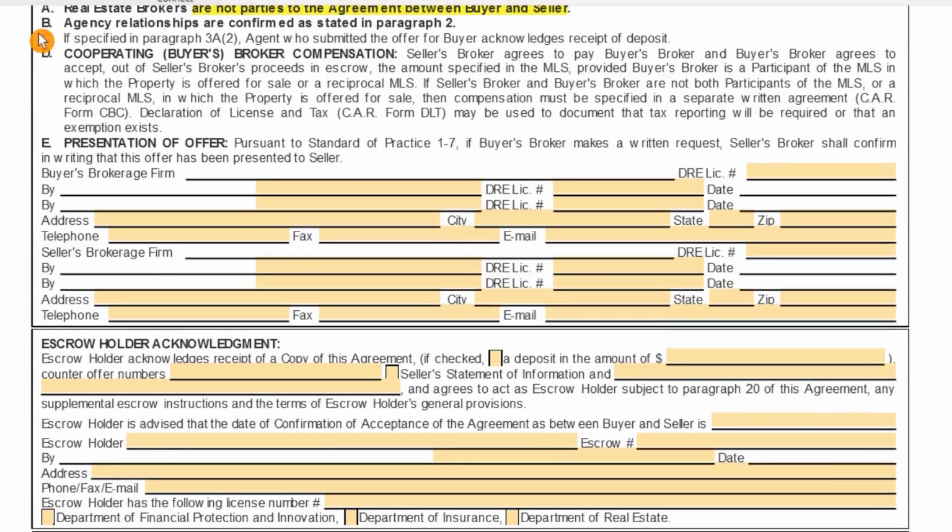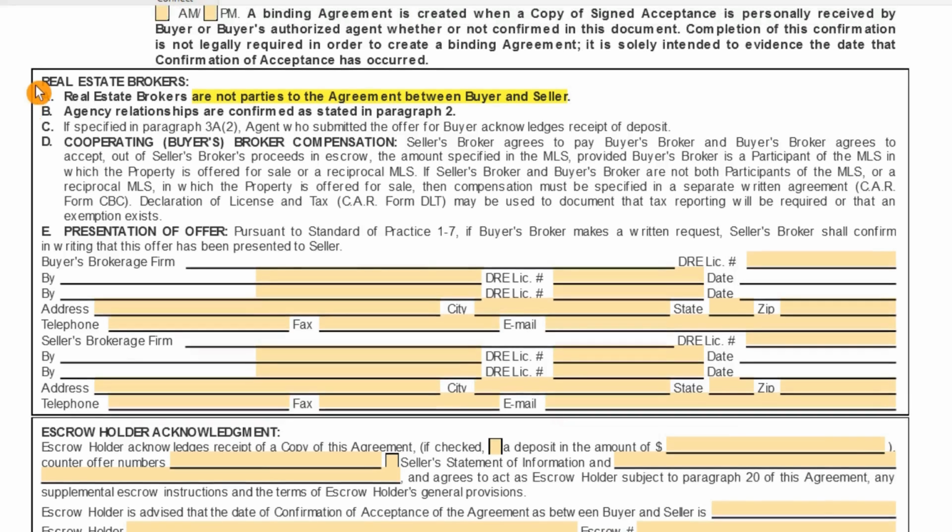This section, the next section, is for real estate brokers and their agents. And once again, it states that the agent or their broker is not a party to the agreement, and that it is only between buyers and sellers. Talks about the broker's compensation and presentation of offer.